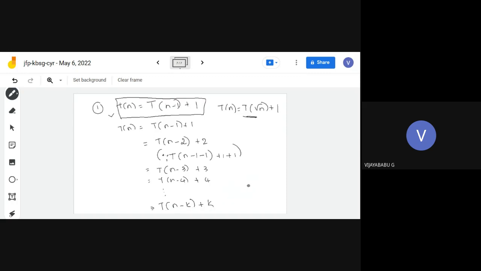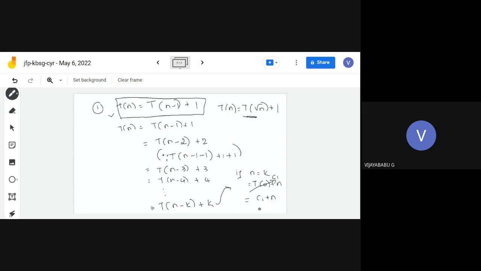If n is equal to k, then obviously it becomes T(0) + n. T(0) may be a constant like 1 or 2 or 3 or 10 or 20, whatever it is. This is a constant, so this is c + n. What is the higher degree term over there?